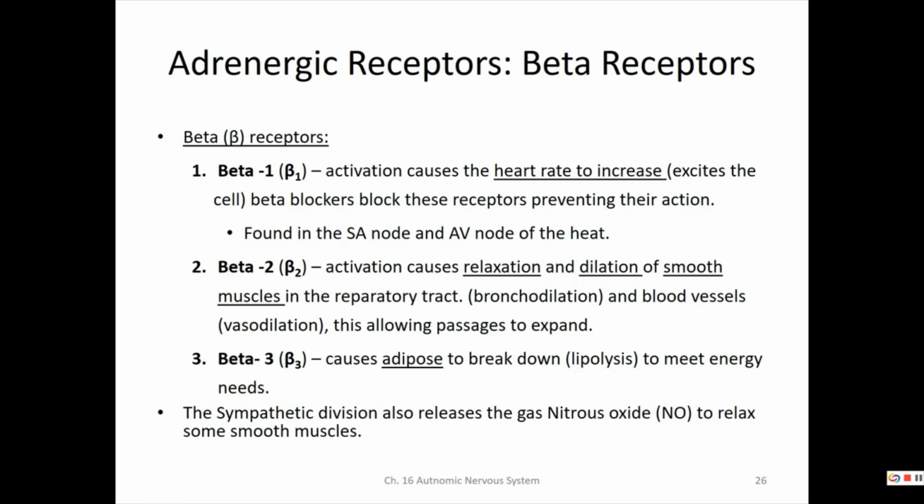Now, if we use a beta blocker, beta blockers prevent them from being stimulated, lowering the heart rate. It prevents and blocks the action of increased heart rate. They're found in the SA node and AV node of the heart. Beta 1s, beta blocker. That is the beta 1 adrenergic receptor blocker or antagonist, the thing given to people to keep their heart rate down. We give people beta blockers.